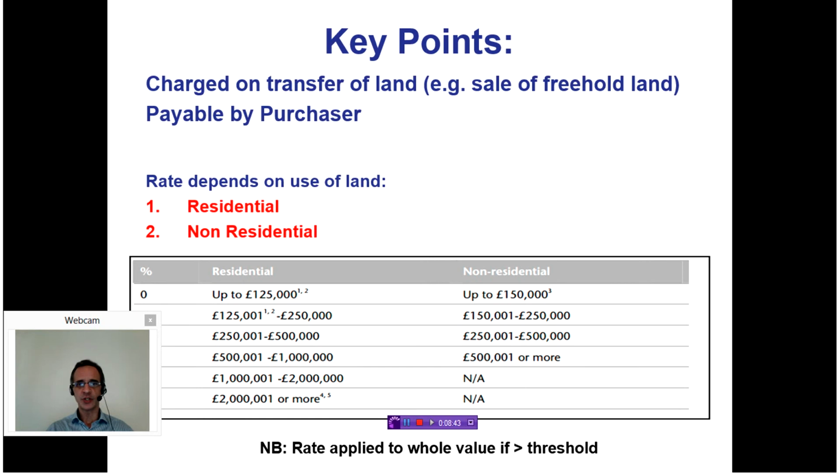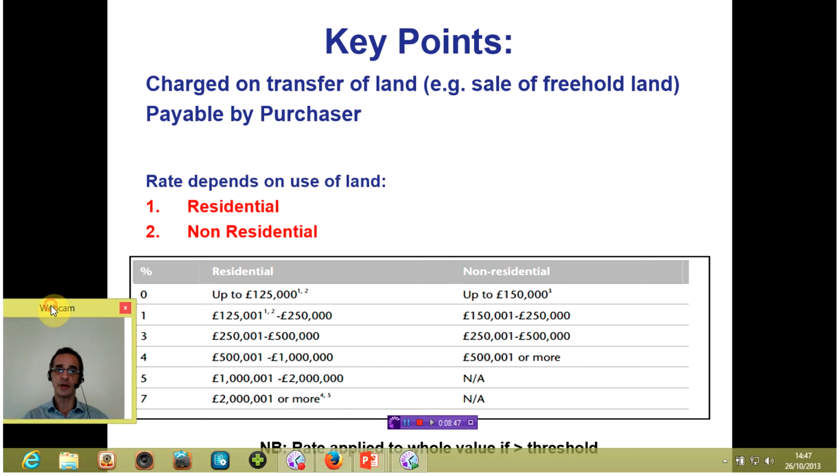Okay? So in terms of the rates, we're splitting between two areas: residential and non-residential. So look out in the question for whether the particular type of property being transferred is residential or non-residential, because we have slightly different rates in respect of both.